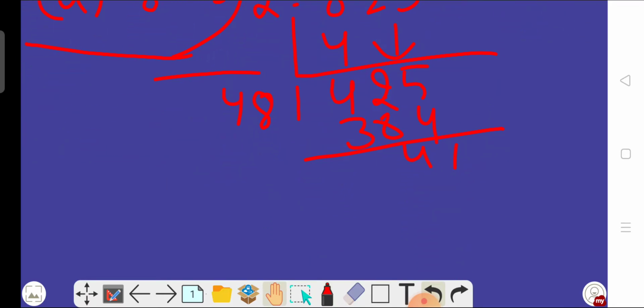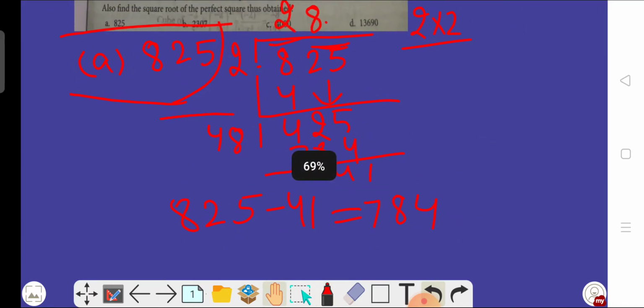So from here we can say that if we subtract 41 from 825, we will get 784, and clearly this is a perfect square, and the square root of 784 is equal to the quotient. The quotient is 28, and this is the answer of your question number 3, A part.